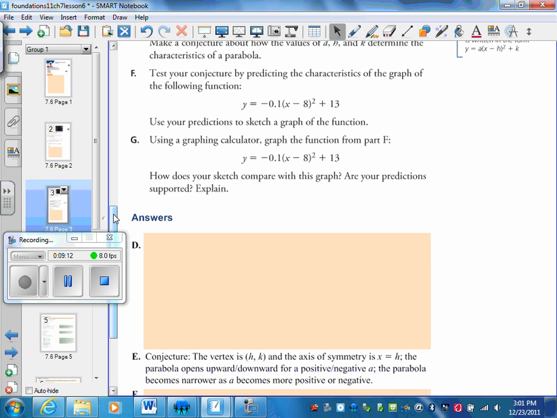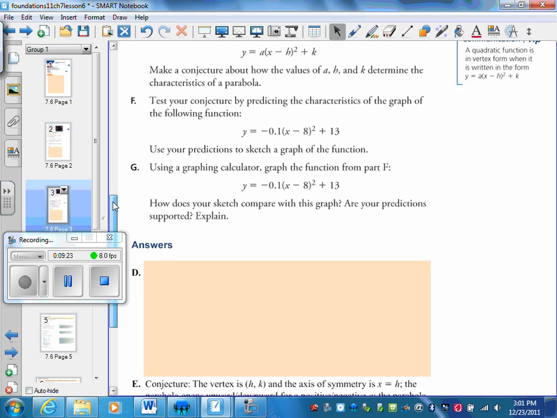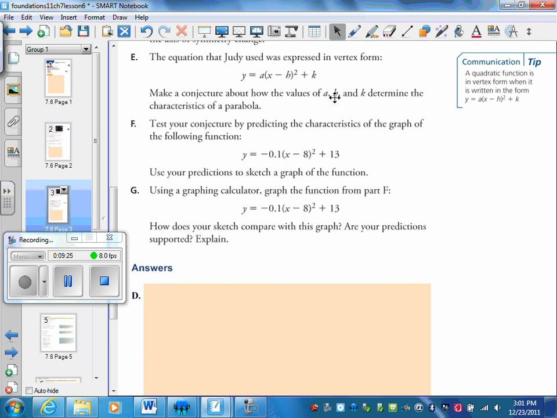The parabola opens upwards and downwards for positive and negative A, and the parabola becomes narrower as A becomes more positive or negative. So anytime we have a quadratic equation in this form, a number, bracket x minus a number, all squared plus k, we can find out a ton of information.